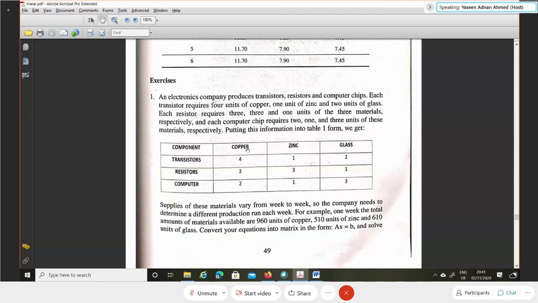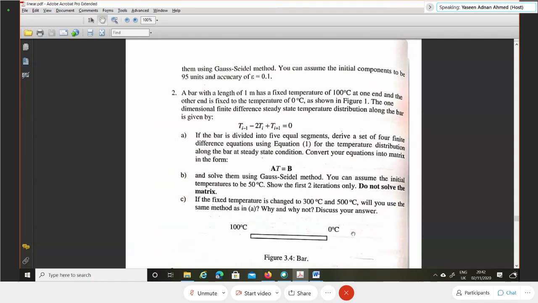Okay, the summation of the copper is 960, summation of zinc is 510, and summation of glass is 610. Convert your equation into matrix Ax is equal to B and solve them using the Gauss-Seidel method. You can assume the initial components to be 95 units, and the accuracy is this one.